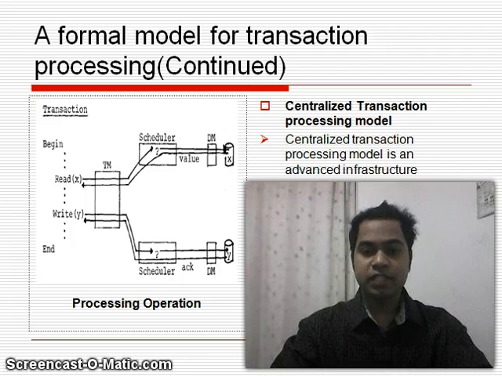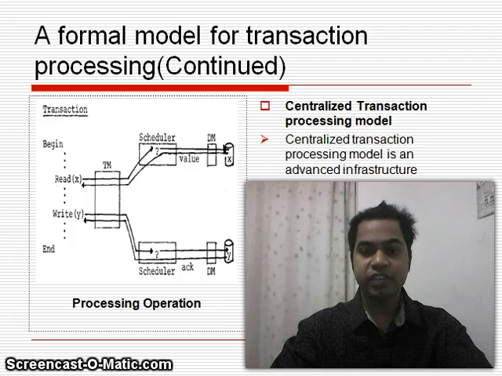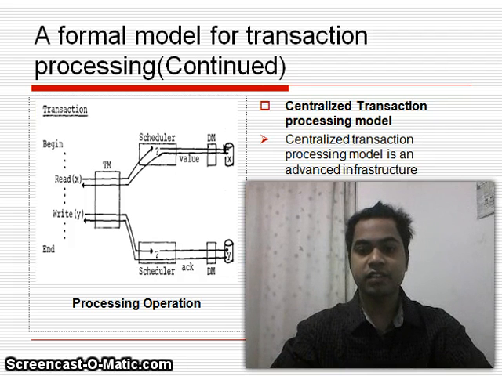Centralized transaction processing model. The centralized transaction processing model is an advanced infrastructure. It maintains software and an associated database that reside at a central site. A centralized DBMS contains two process models at one site, TM and DM, that execute.